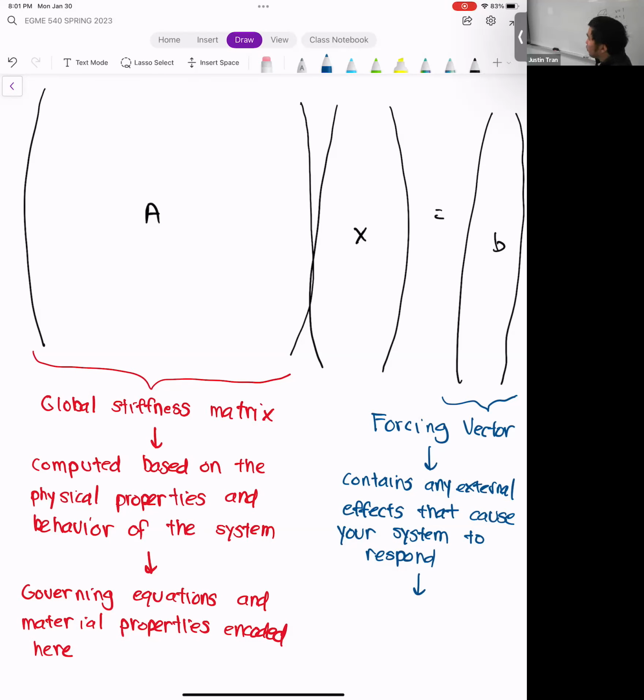So what's the part of the boundary value problem that contains these external effects? It's the boundary conditions, right? When we talk about boundary conditions, they affect your global linear system only on the right-hand side vector.